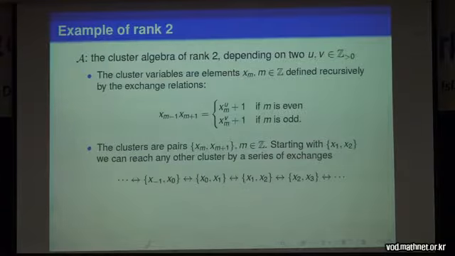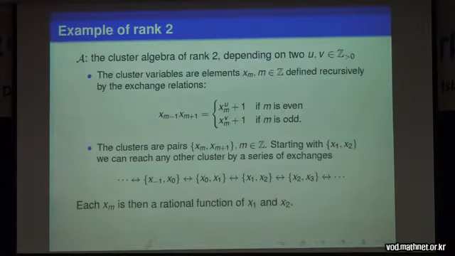First, you can start with this pair. Using this formula, you can get this one. So here, using this one, you can get an arbitrary variable, which can be reduced to a rational function in x1, x2.